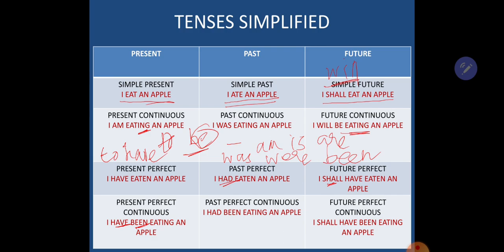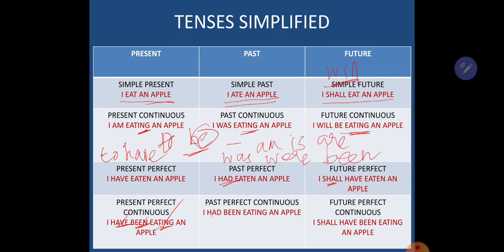Present, perfect, and eating, as I told you when I told you about continuous tense, ing is there. That means it suggests continuity of the action. So, by looking at the sentence, you can make out which tense it is. Present perfect continuous tense: I have been eating an apple.